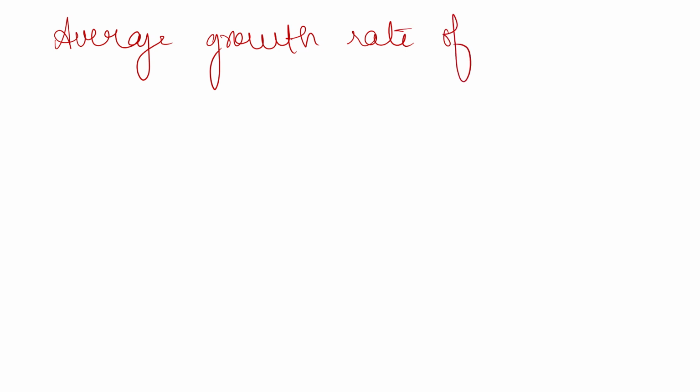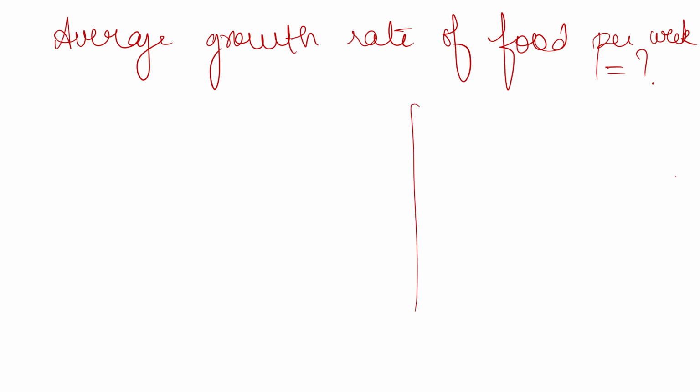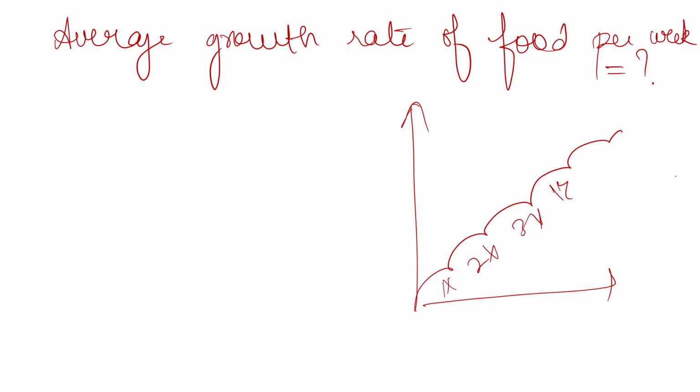Now, after that, if your question asks, let's see, what is the average growth rate of food demand per week? What is it saying? Average growth rate. At what rate is it increasing? 1x, 2x, 3x, 4x, and so on. So at what rate? That means we have to give the slope.